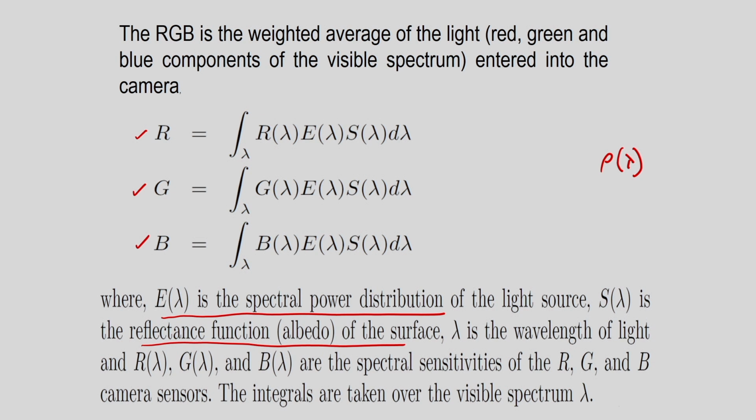I am also considering the spectral sensitivity of the RGB camera sensors: R lambda, G lambda and B lambda, that is the spectral sensitivity of the red, green and blue components of the camera sensors. That is why I am integrating over the visible spectrum, taking all the lambdas.